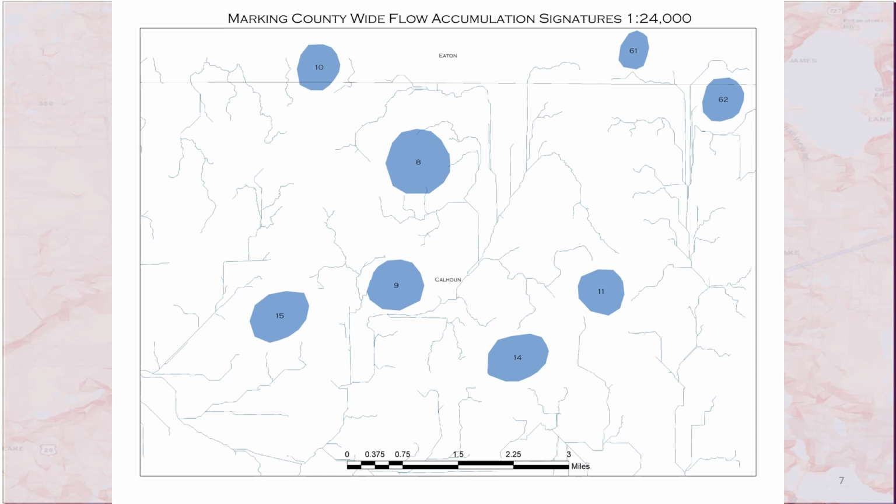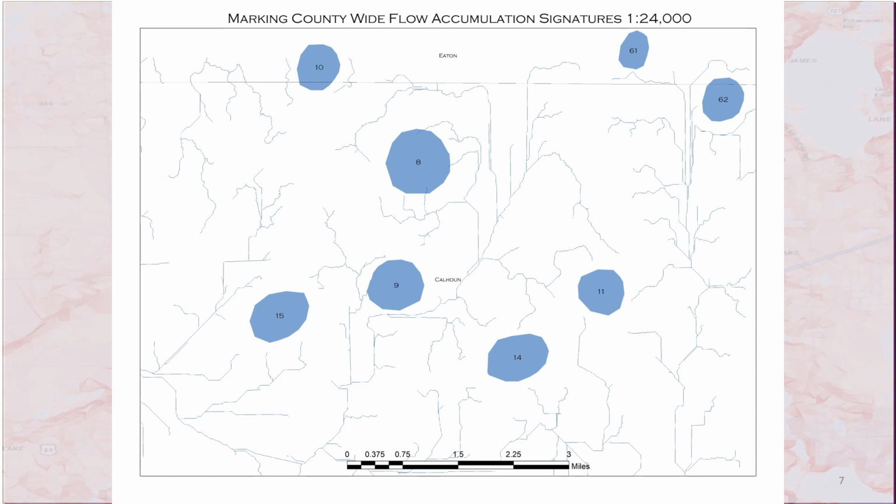It has made the jump into machine learning, and we use this as a layer in our machine learning as well. And if you're a reef hunter, flow accumulation is a good tool for you. This was part of a study we did for a talk I gave up at Western Michigan University for the Michigan Oil and Gas Association, on the southern reef trend.